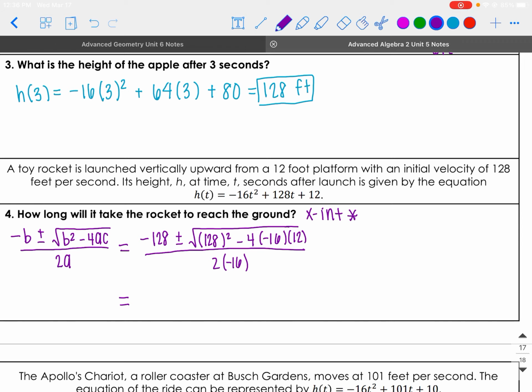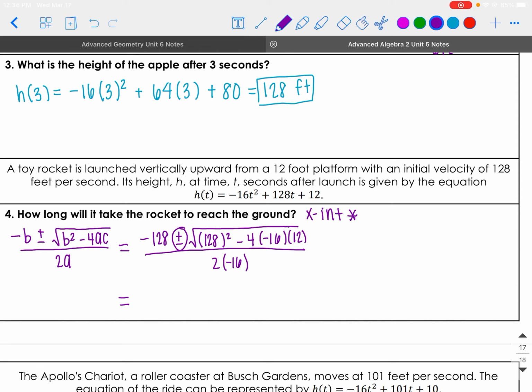We're literally typing everything in exactly as it's here, except we have to do it once with the plus, once with the minus. 128 squared minus 4 times negative 16 times 12, and all of that is over 2 times negative 16.